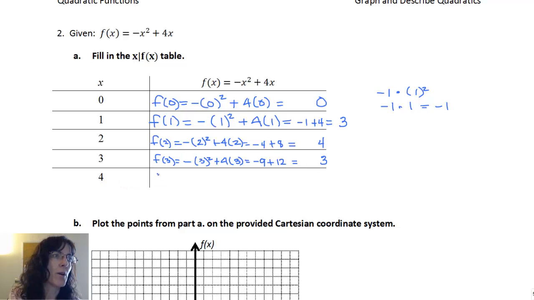Now let's try 4. Are we seeing the symmetry yet? I said 4 and then I wrote 3. Try again here. Whoopsie. So 4.